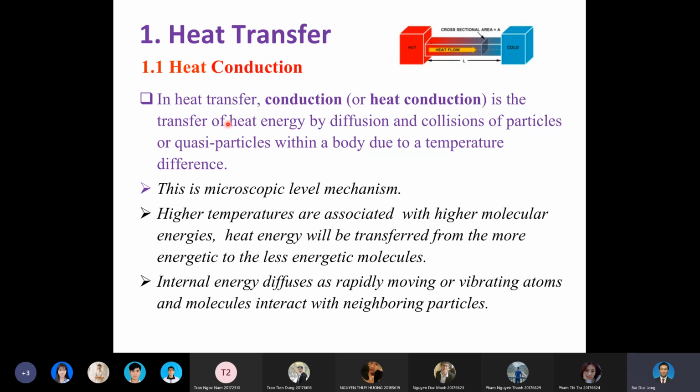So remember, it is the transfer of heat energy. You have many different kinds of energy, but in this case it is about the transfer of heat energy, by diffusion. You remember this: by diffusion and collision of particles.